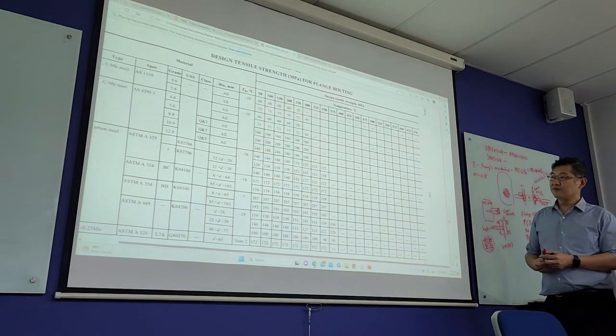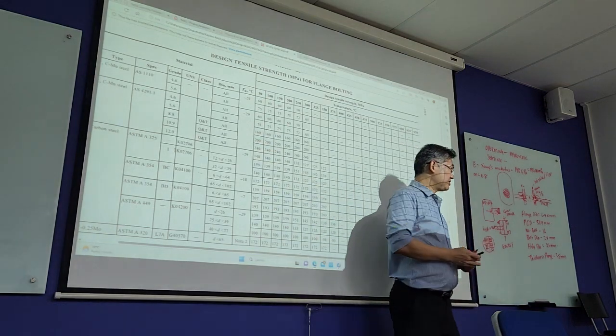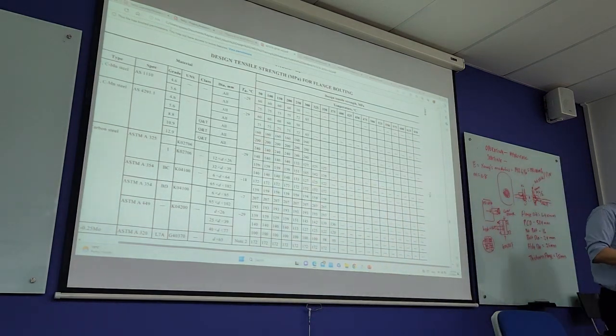Right, over here you can see 5.6 and 8.8, just now dimension. So we have to use Table B2 here for this question.